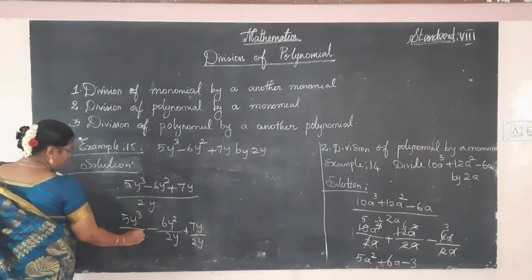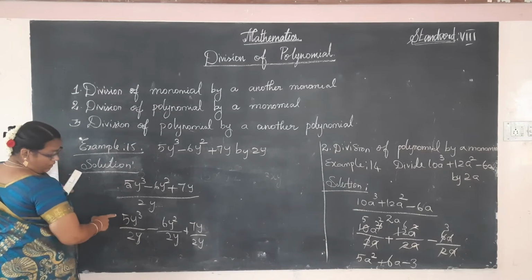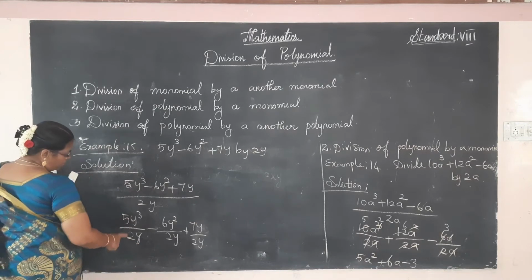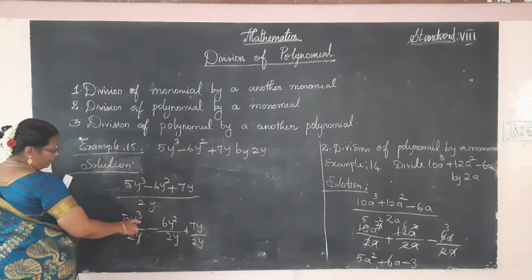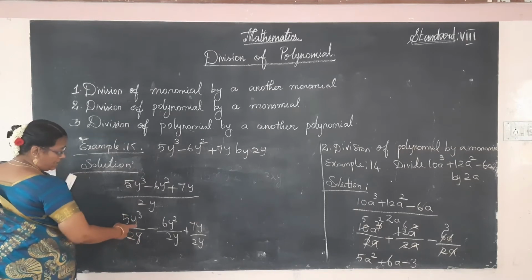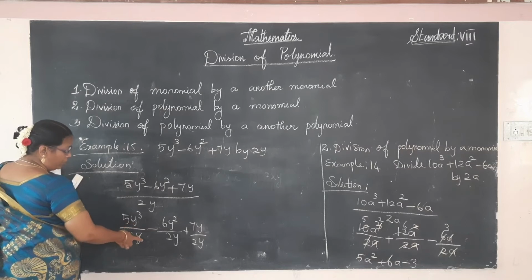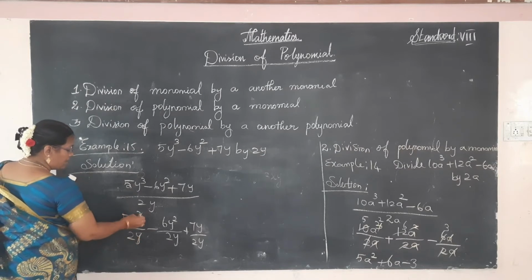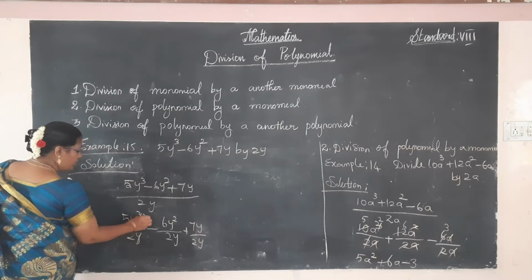Now cancelling. First preference is to the numerical coefficient, so it's not possible to divide for the first term. So move to the next one, the variable. y cancels one time, remaining y squared.